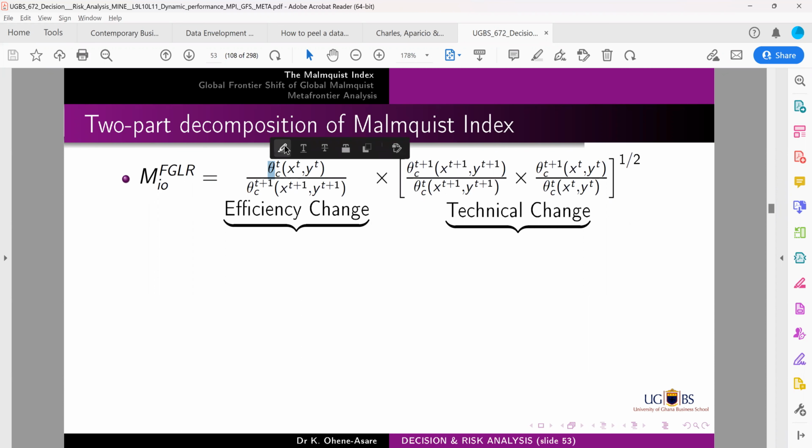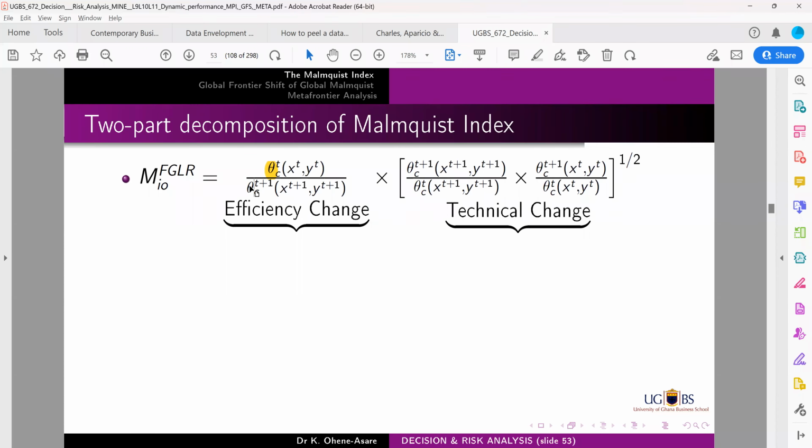That's all, nothing else. Okay. And that will mean that you are using output-oriented score. And remember that output-oriented scores are usually above 1 for inefficient firms, unlike this theta, which is below 1 for inefficient firms.